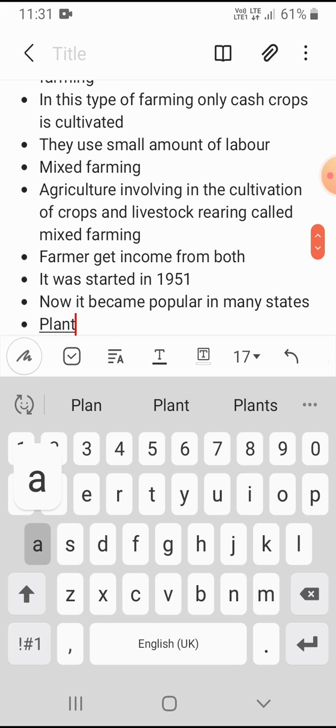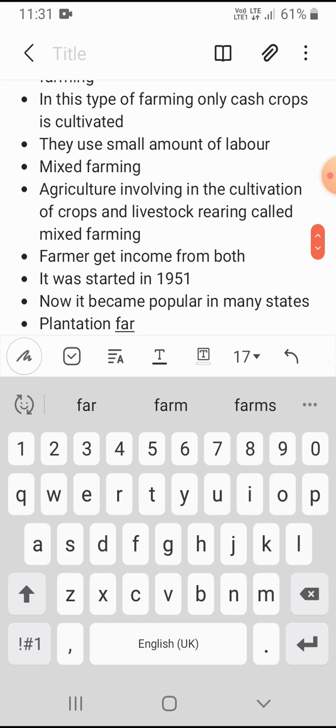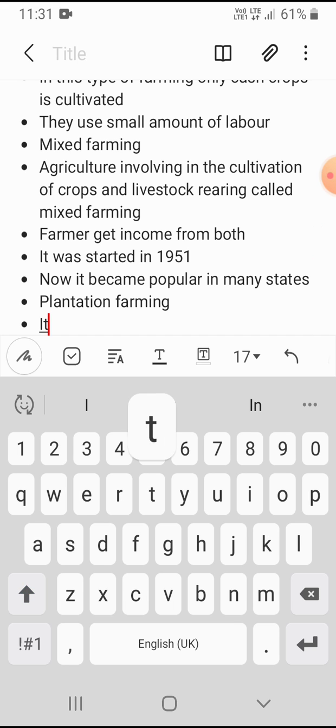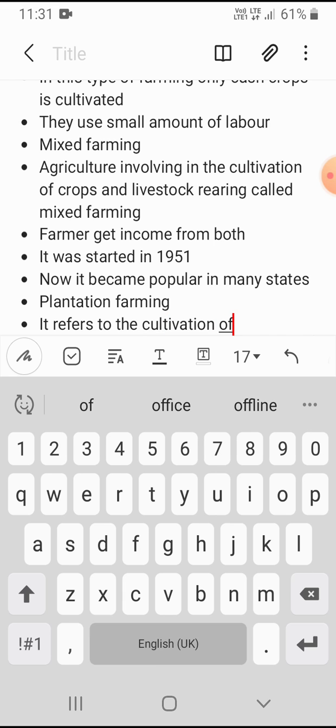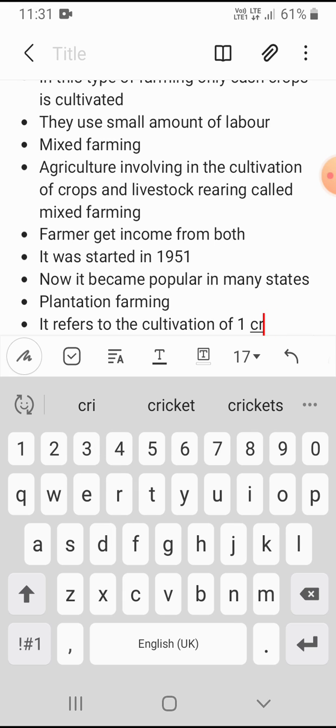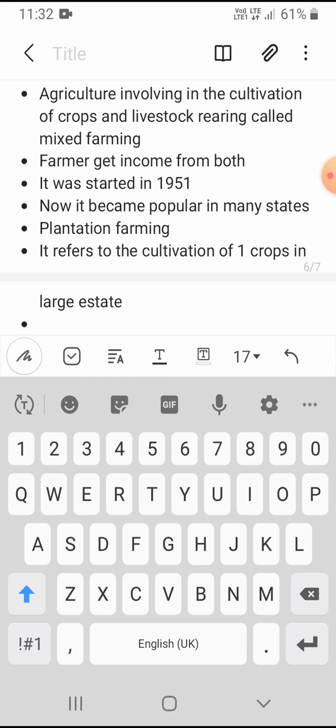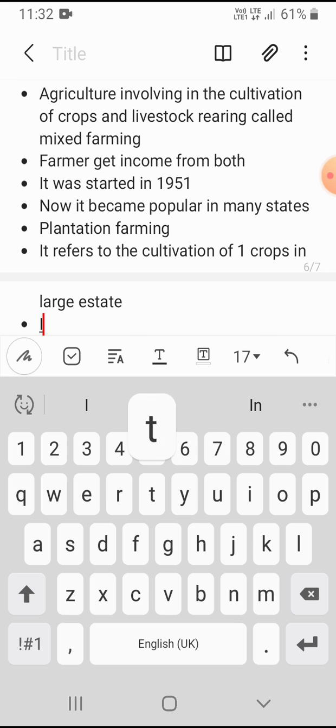Next is plantation farming. It refers to the cultivation of only one crop in a large estate, in big areas and large fields. It requires more labor, as you know.